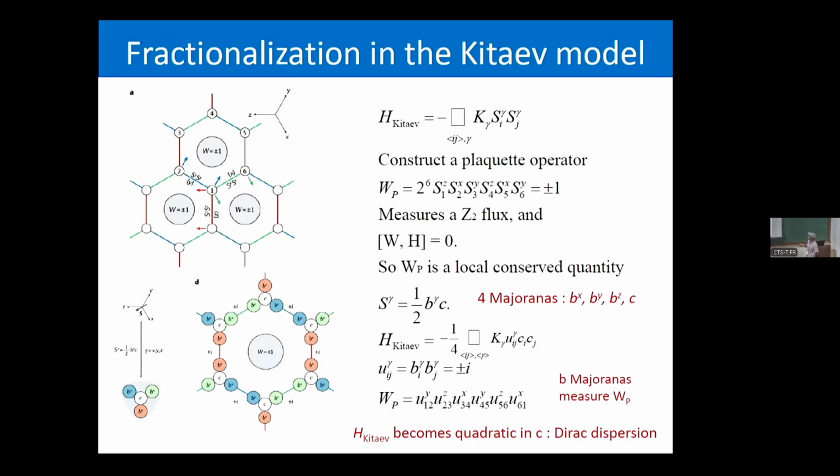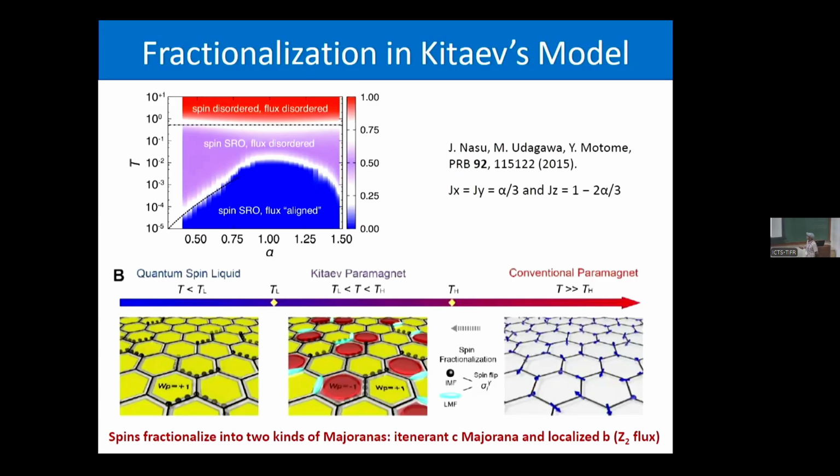This is just the pattern construction of what Kitaev did to exactly solve this model. But this is where fractionalization of the spins into two kinds of Majoranas comes about. I'll just show you the thermal fractionalization as a function of temperature.